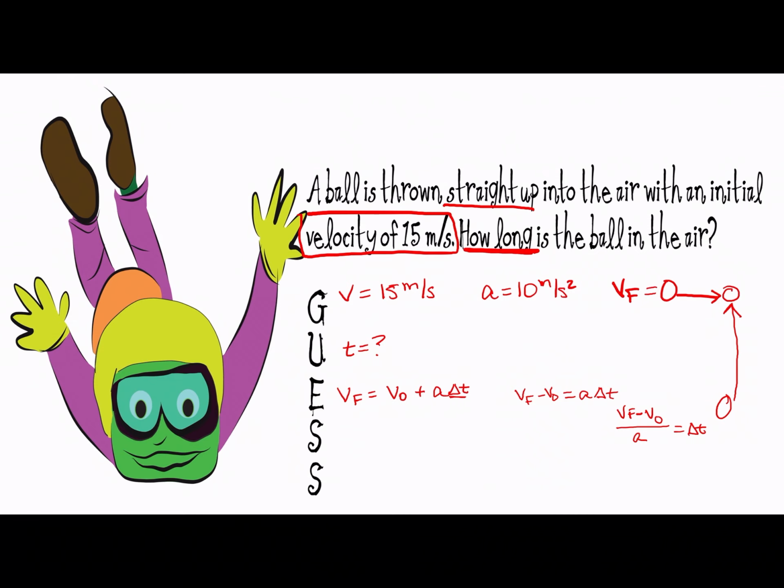Now we can substitute. 0 minus 15 meters per second divided by 10 meters per second squared equals t.